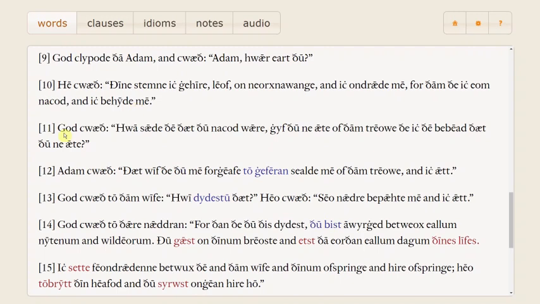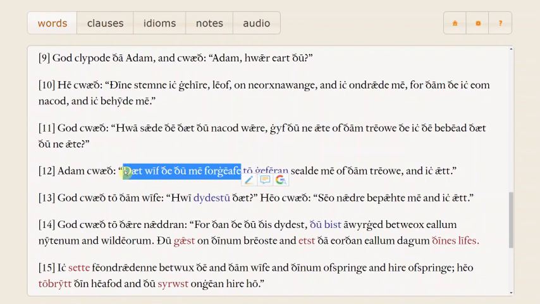So line 11 is just God repeating the bit about why do you think you're naked and why did you eat from the tree. Here we have an example of a ditransitive construction with a completely different word order. The last ones we saw could be standard English, could switch the indirect object with a direct object, but this one's completely different.